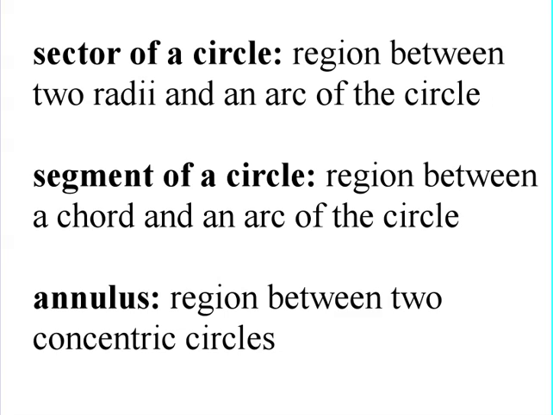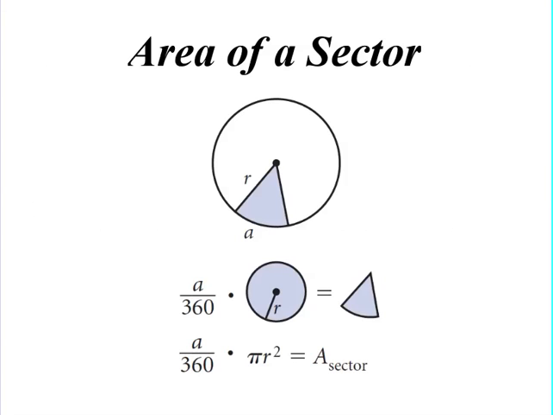All right, so now we're going to talk about how we find the area of certain things, specifically of sectors. Let's look at this next slide. All right, so the area of a sector. This is taken from your book.